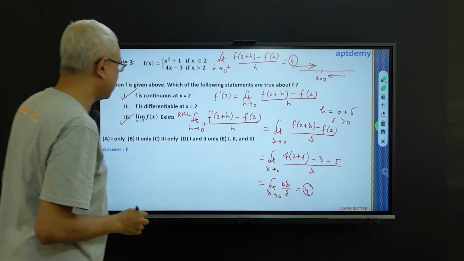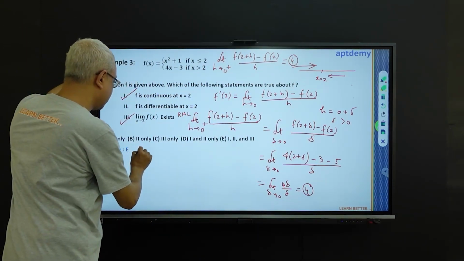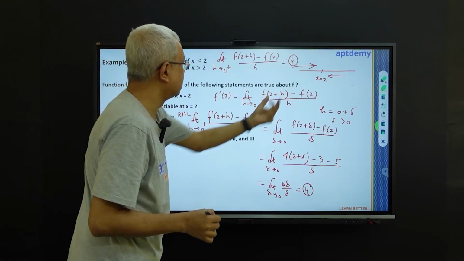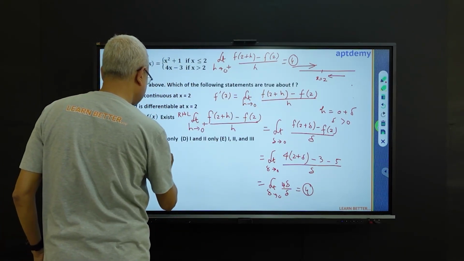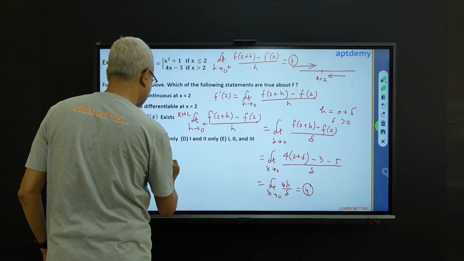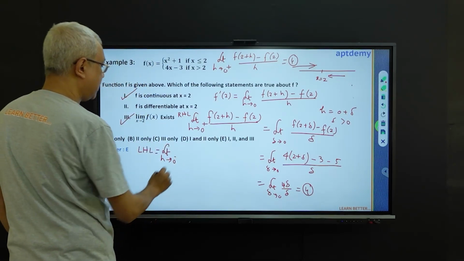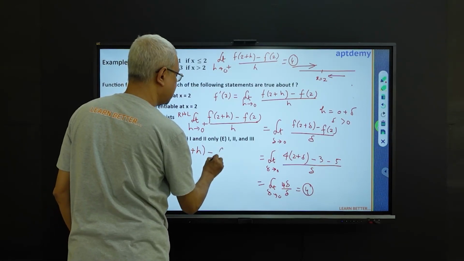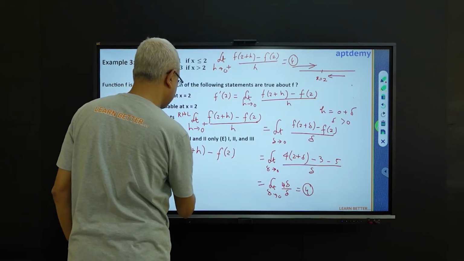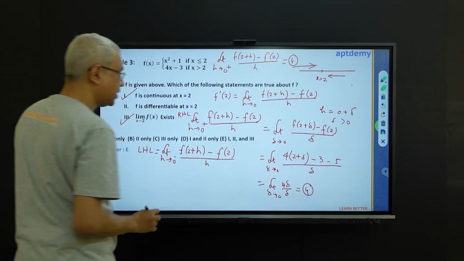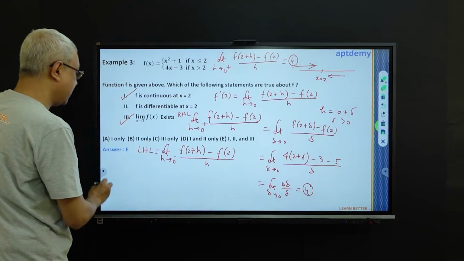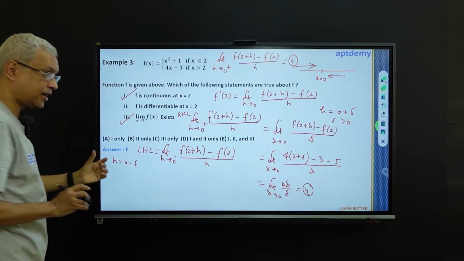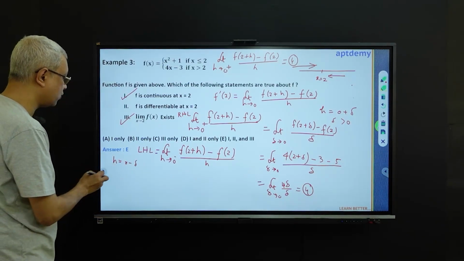Now let us calculate the left hand limit of this particular limit, which is nothing but limit h approaching 0 from negative side of f(2 plus h) minus f(2) divided by h. In this case, you take h equal to 0 minus delta, where delta is a positive small quantity.